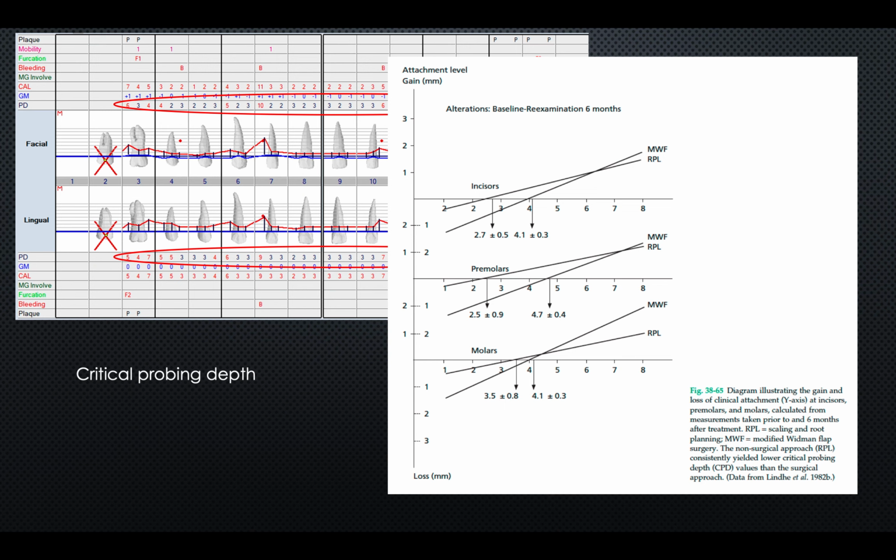So how did they determine this in this nicely designed, old study? The result is demonstrated in this graph. The vertical axis is the clinical attachment: if it is above the horizontal axis, or x-axis, it is attachment gain, and if it's below, it means this patient or that specific spot lost clinical attachment.